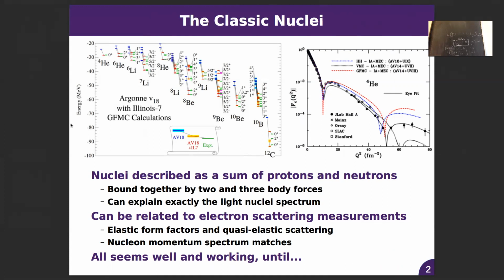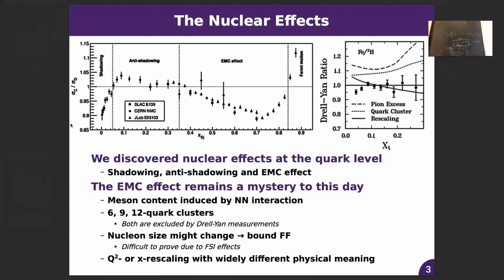So that's the first level, and then eventually you reach a point where it starts not working anymore, and those are the nuclear effects we know. You see them here. We talk a lot about shadowing and the EMC effect.